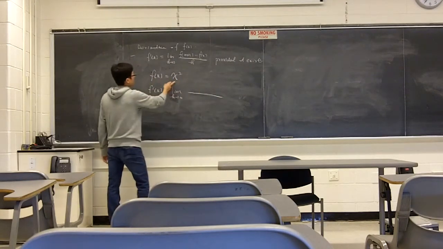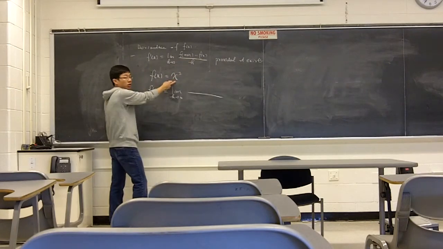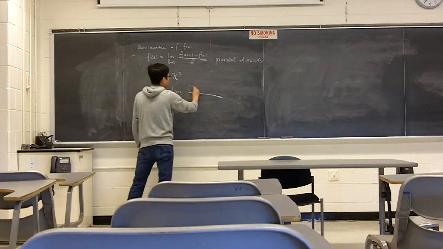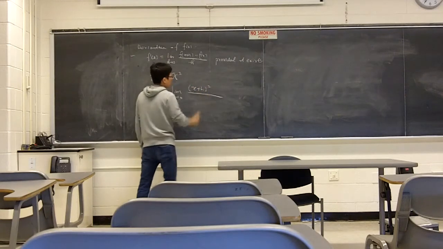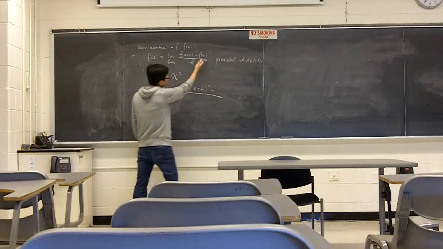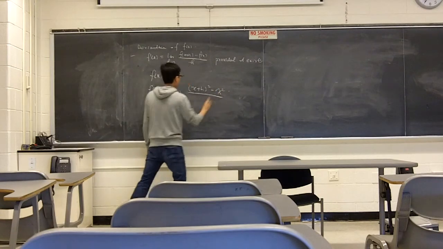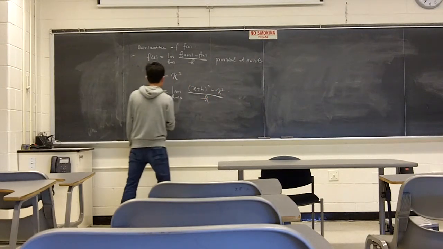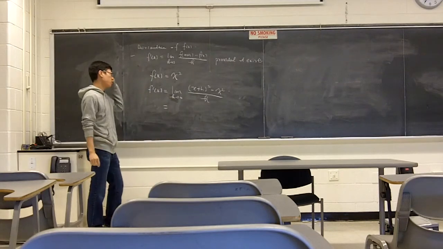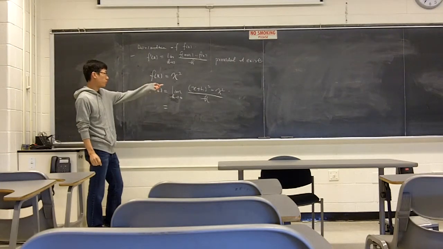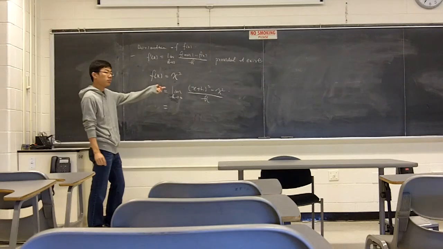So we substitute x plus h in the function x squared. So we get (x+h) squared minus f(x), x squared, right? So divided by h. So now we need to see if we could simplify it. The first term, right? We expand that.